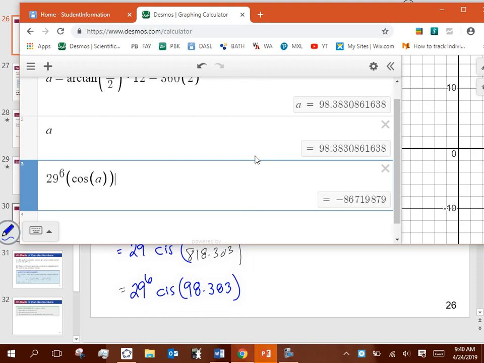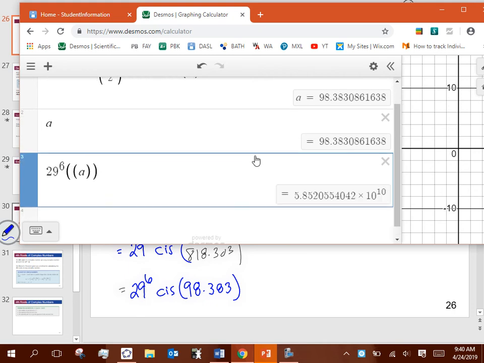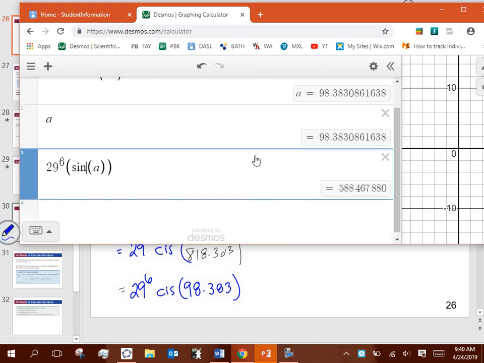Okay. Now the complex part would be when that cosine changes to a sine. Is that the number that we have up there for the complex part? Or, I guess, the imaginary part. Was that quicker?